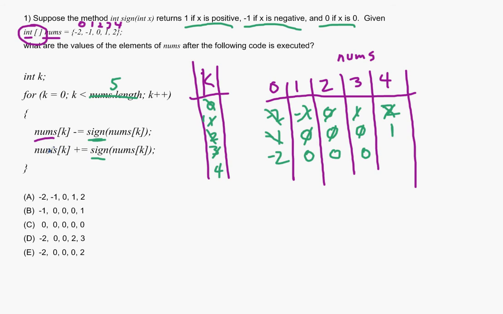I'm supposed to take num sub 4 and add to it a positive 1, which means I'm going to get 2. And it looks like the elements in my array are going to take on these values, and I believe that means my answer to this question is E. And here endeth the lesson.